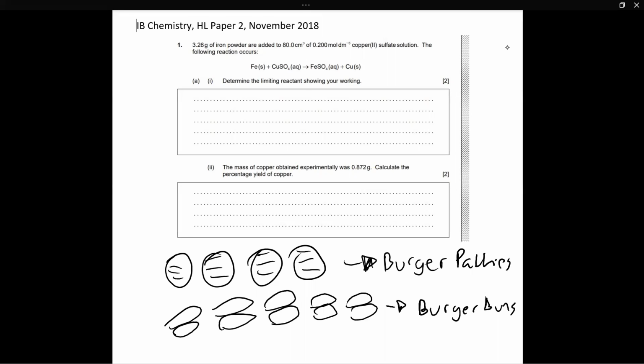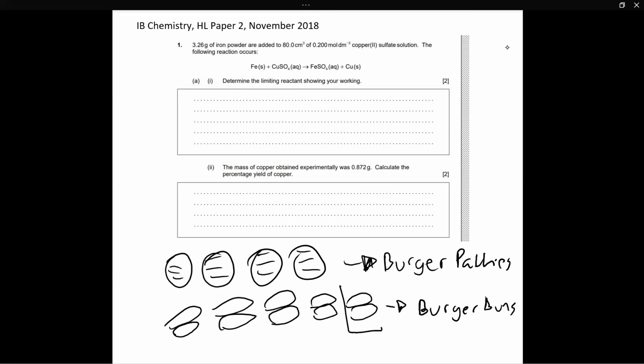Now, in order for you to make a burger for your guests, you're going to require burger buns and burger patty, and maybe a sauce and vegetables if you would like to add that. In this case, the maximum number of proper burgers you can make for your guests is only four. Why?